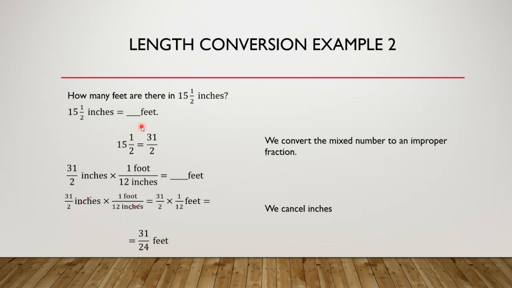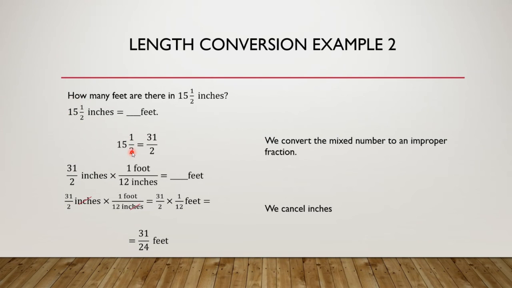Okay. So we're basically going to multiply. Now, we have a mixed number here. If you have a mixed number, which is something like this, you have a number and a fraction, you want to convert that to a fraction. How do you do that? I hope you guys remember, but let me just say it quickly.